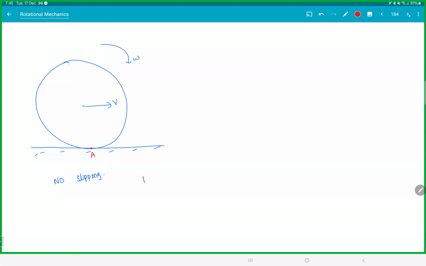So here, point A has zero velocity, and that is the whole catch in the problem. So basically, you're at rest for a moment. It feels like you're on the ground, and the whole body is rotating about you, right? So it feels like pure rotation.